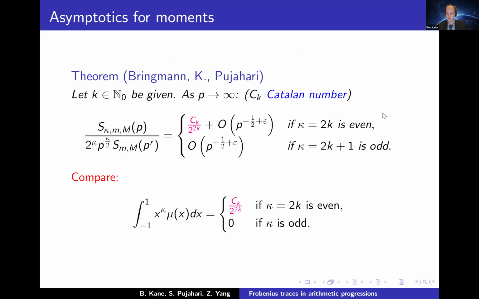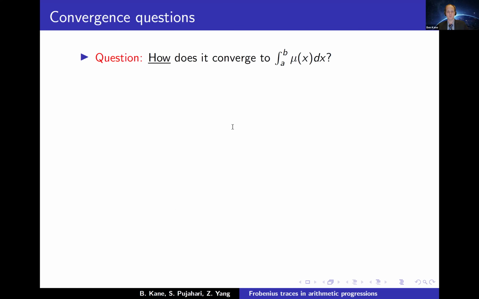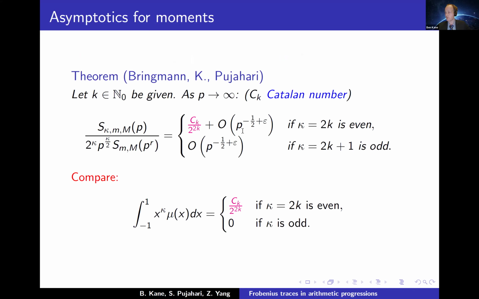I guess the implied constants depend on m. Yes, the O terms in the error definitely depend on capital M. I don't remember whether we determined that.